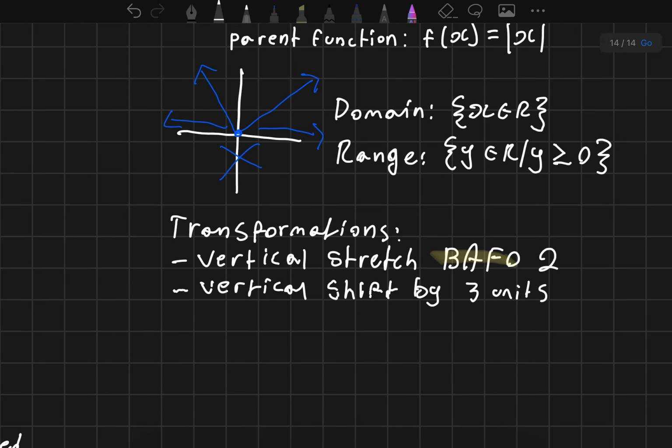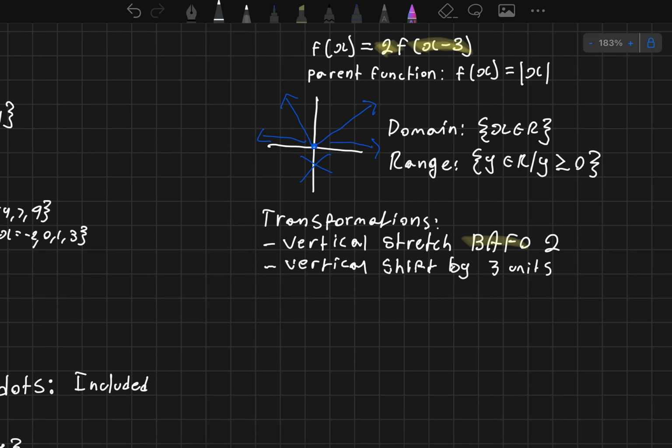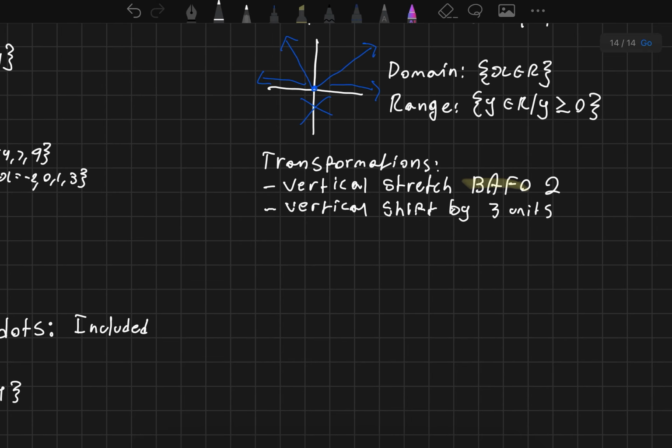Okay, so now that we have the transformations, we have to apply these transformations to the domain and range. So the domain is the x values, and the shift by 3 units affects the x values.